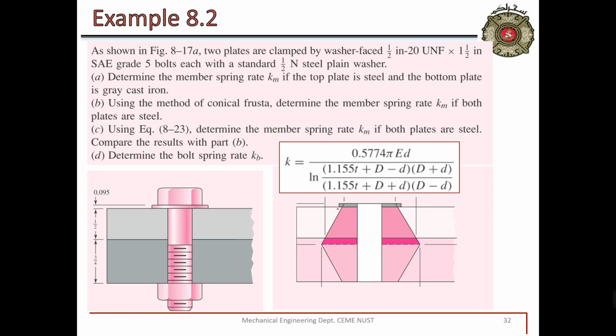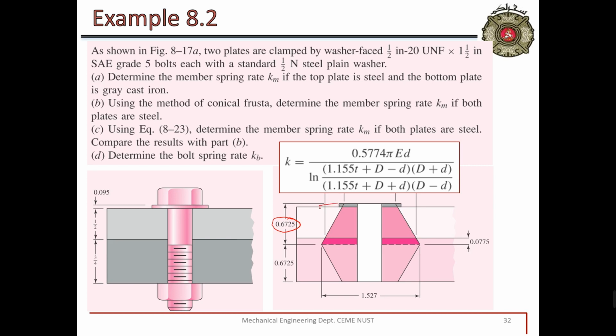Then we have solved this example. In this example, I just wanted to explain the function of the frustum. Here, they have given us in the question the thickness of material 1 and also the thickness of material 2, half inch, and this is 0.5 and this is 0.75. So if we move from this point to this point, the total length is the grip, and grip by 2 in this.